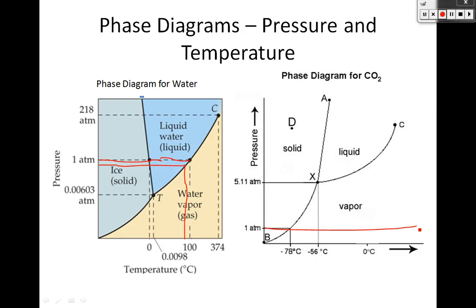So let's say room temperature, okay? If we were to increase the pressure here, and I don't know where room temperature would be on this graph because it's clearly not to scale, but at some point up in here with a much higher pressure, we could get carbon dioxide to be a liquid.